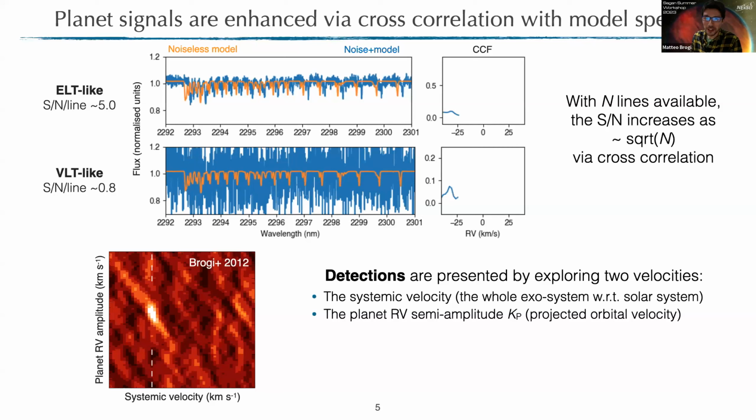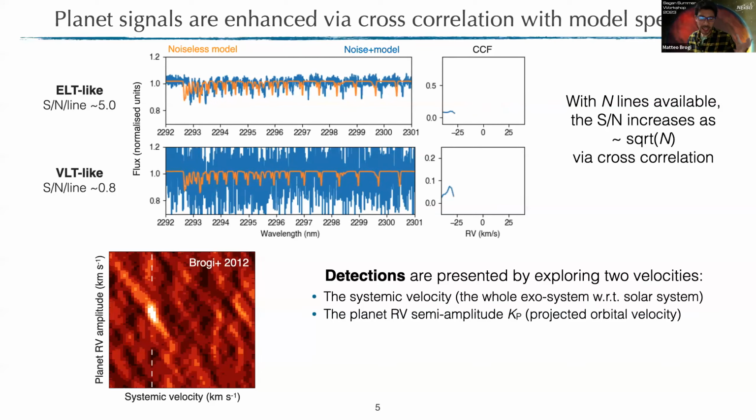If you look into the literature, you have probably seen that these detections of species are always presented in a two-dimensional space, which is essentially two velocities. One velocity is the systemic velocity, the velocity of the system as a whole, which is on the horizontal axis of this plot.